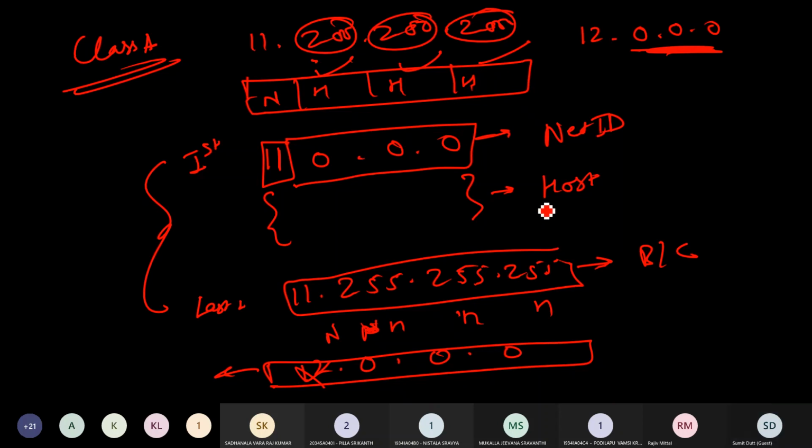Am I clear? Yes, sir. Okay. So now, can anyone tell me, if this is a class A IP address, right, the number of networks and number of hosts?